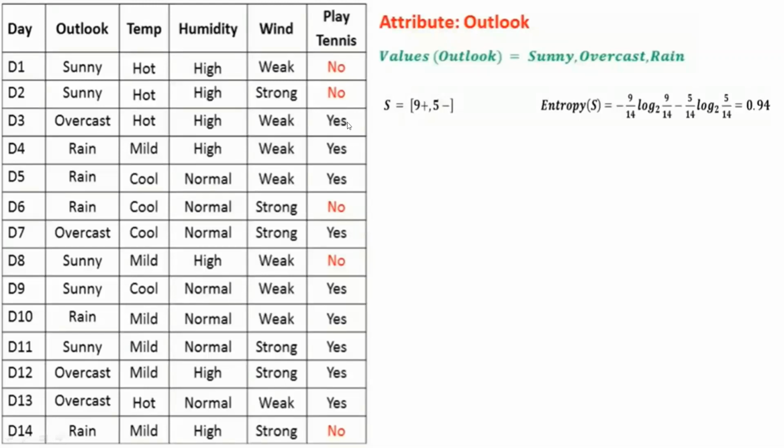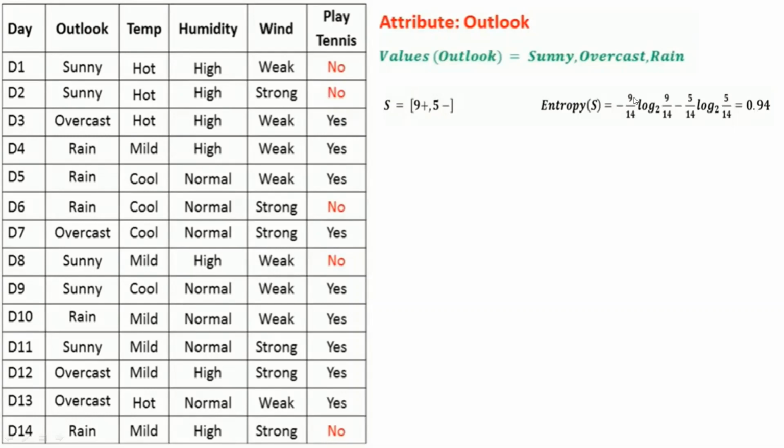Observe carefully. If you count the yes: 1, 2, 3, 4, 5, 6, 7, 8, 9. Out of 14, 9 are positive. Then 1, 2, 3, 4, 5: 5 are negative. So the positive logarithmic versus the negative logarithmic will give you the entropy result.